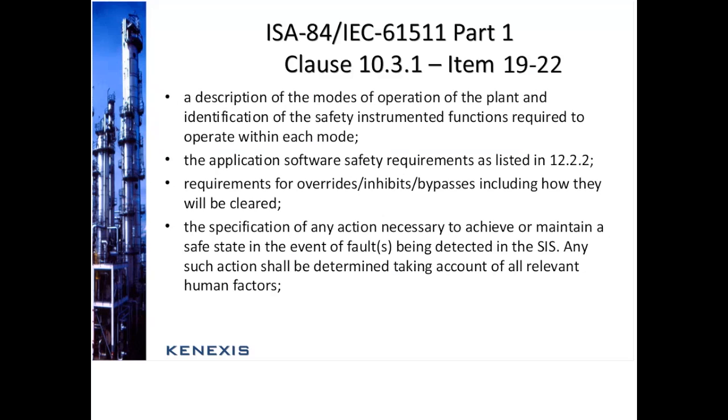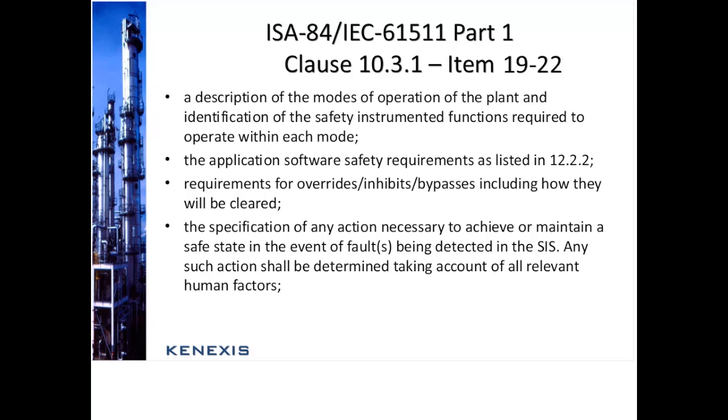A description of the modes of operation of the plant and identification of the safety instrumented functions required to operate within each mode. There are a lot of continuous process plants out there that have big safety systems. The most hazardous time of that process plant is usually during the startup or the shutdown, because the systems are designed, especially in the past, to look only at the continuous process mode.